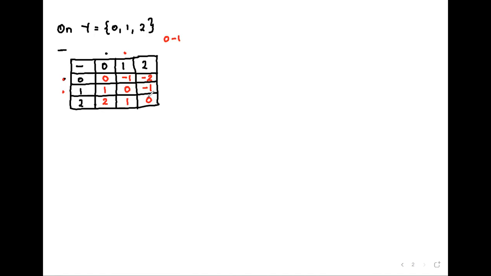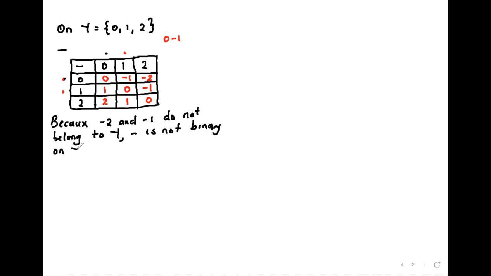As we can see, we have -1, we have -2, which are not members of Y. So because -2 and -1 do not belong to Y, minus is not binary on Y. If I find a number that does not belong to Y, then minus fails to be binary on Y. We needed to have all the red numbers belonging to Y.